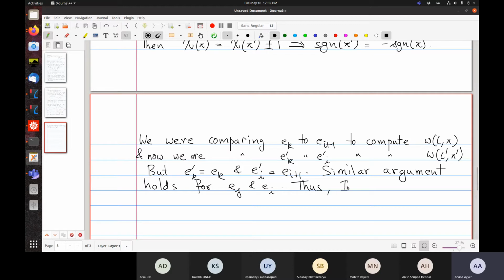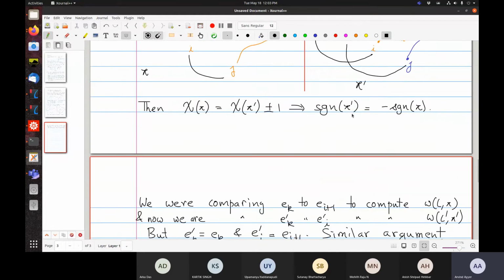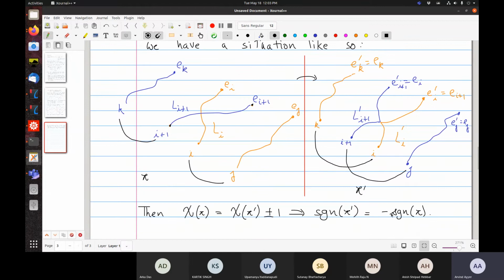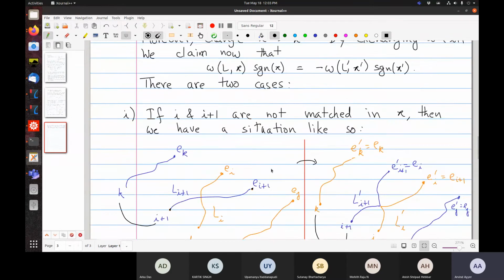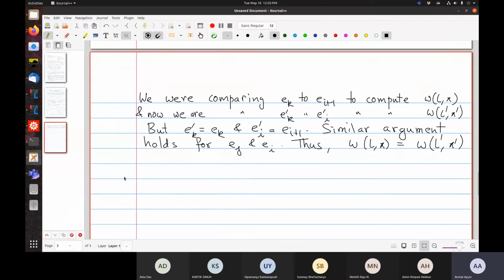So W of L pi is equal to W of L prime pi. It did not change. So that means the product changed by a sign, because the sign is what contributed to the change. Okay, so we have proved this claim in the first case.